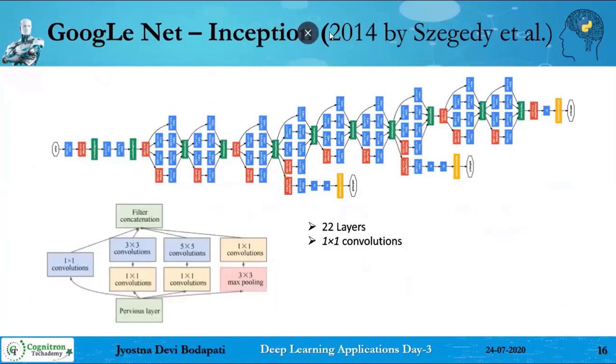Then in the same year 2014, Google introduced a model called GoogleNet, also called Inception Network. This GoogleNet had 22 layers. VGG16 had 16, VGG19 had 19, but Google had 22 layers, and they introduced a new concept called one-by-one convolutions to reduce the number of parameters.